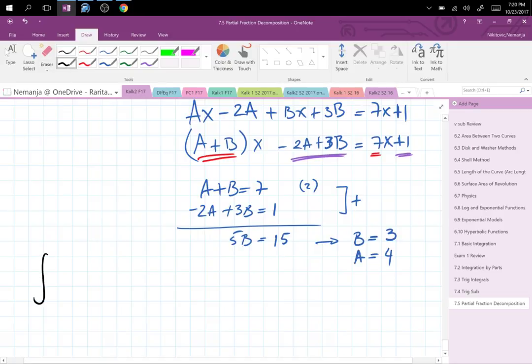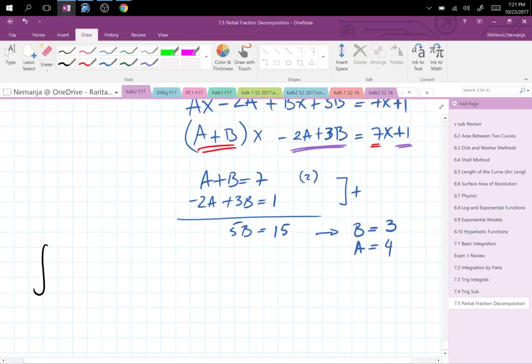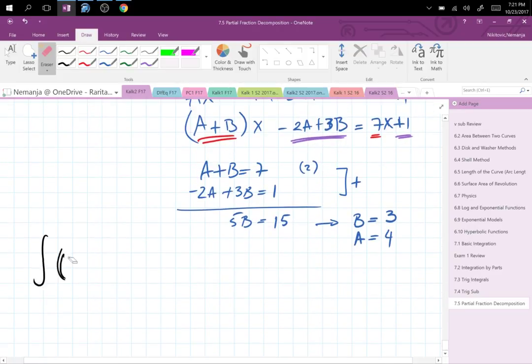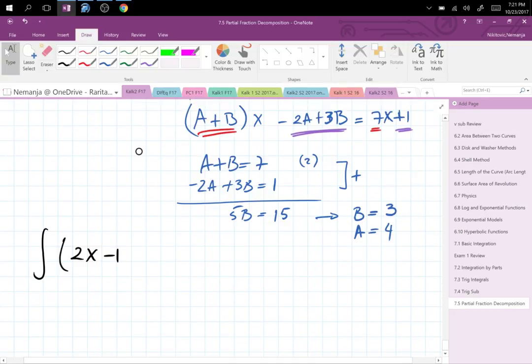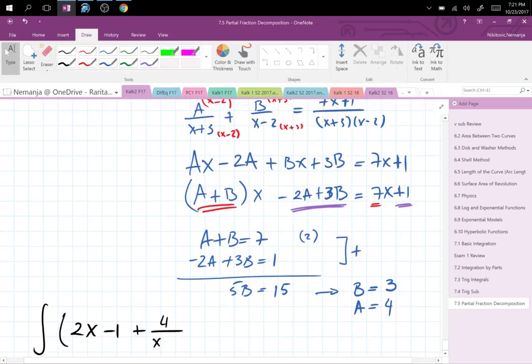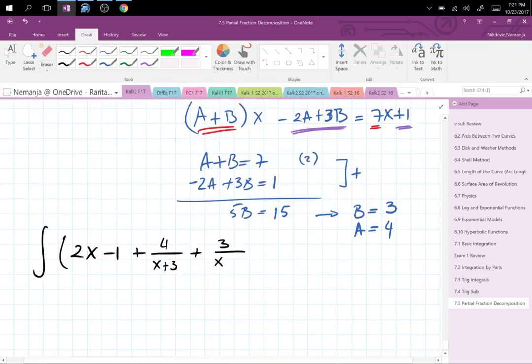So what's our integral? Our integral is 2x minus 1 plus 4 over x plus 3 plus 3 over x minus 2.